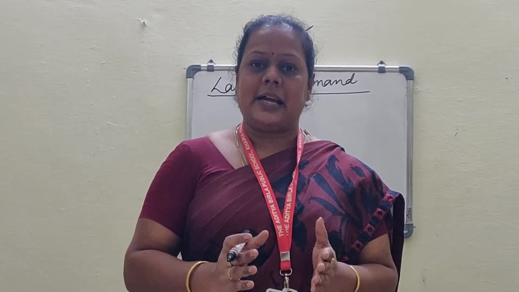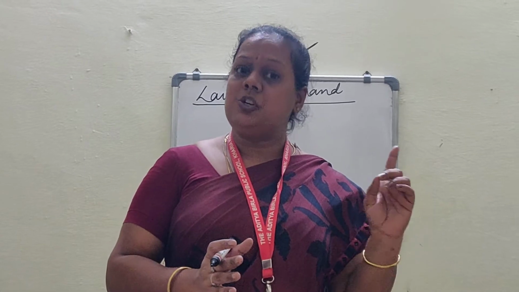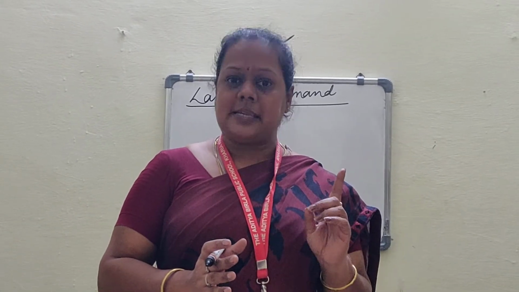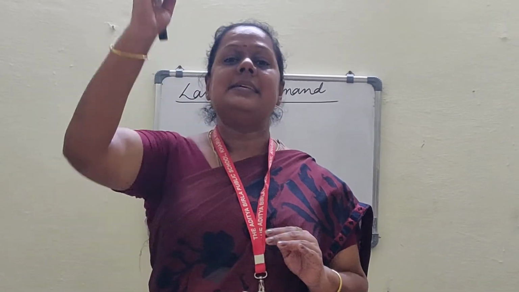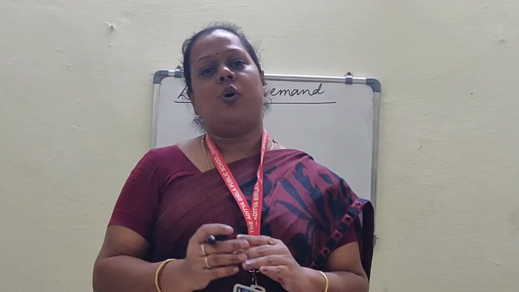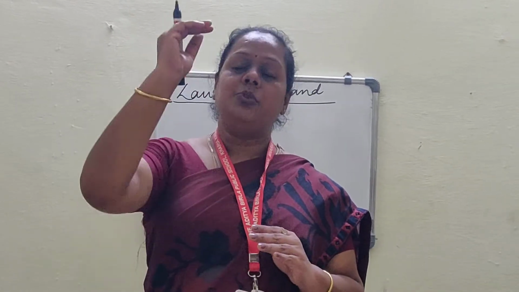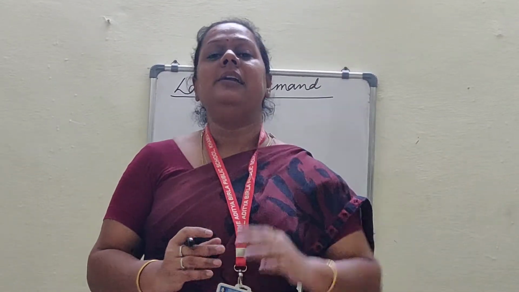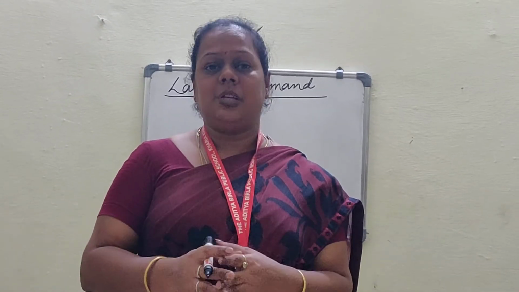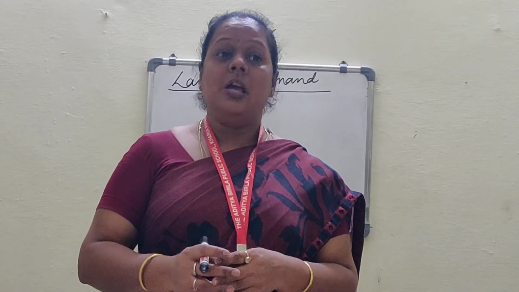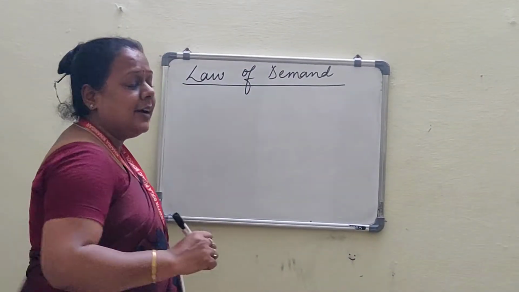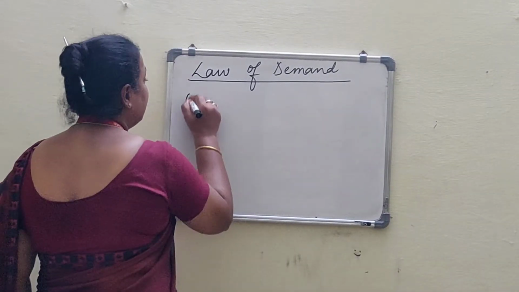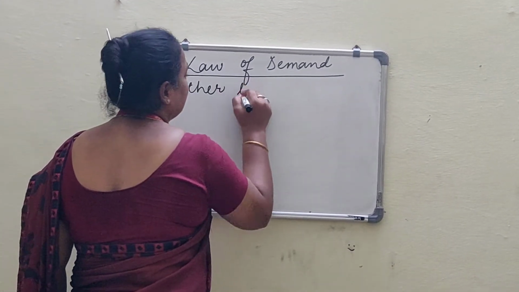Law of demand states that other things remaining constant, when the price of a commodity rises, the quantity demanded falls, and when the price of the commodity falls, the quantity demanded rises. This is what we call the law of demand. Now here there are some words where I think you should have a doubt. The first thing that I have told you here was other things remaining constant.